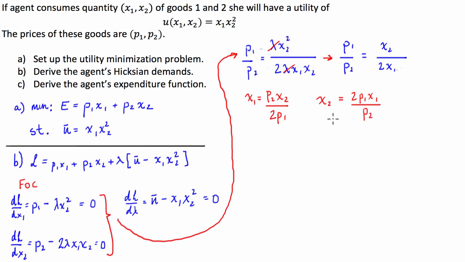Great. So now we are going to substitute both of these. To get our Hicksian demands, we have to substitute these into our utility function. So we have to get a function that is just in terms of a fixed utility and the price. To start with, let's enter in x1.